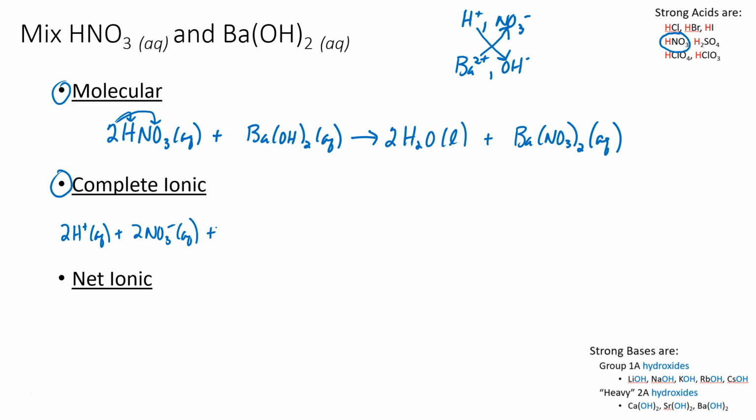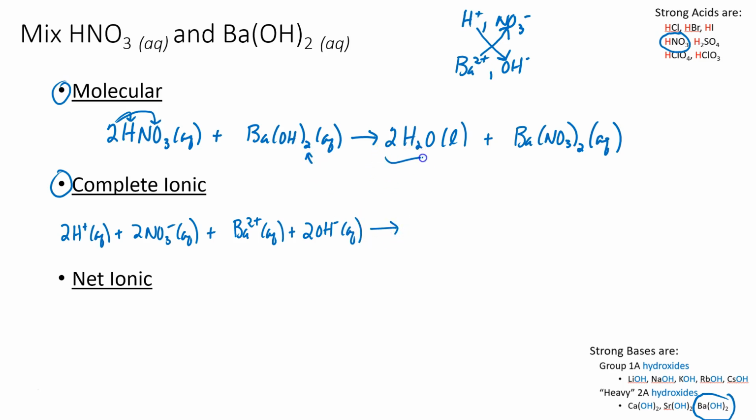And what about our next reactant? That's our base, and it is one of our strong bases. So dissociate it into 1 barium ion and 2 hydroxides. Again, that 2 comes from the subscript.